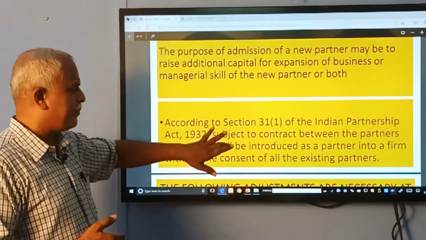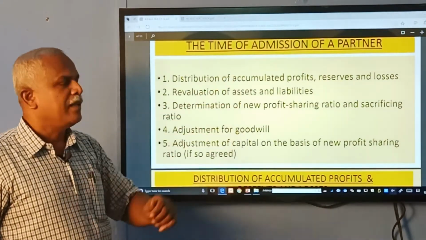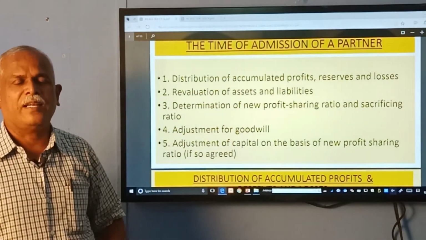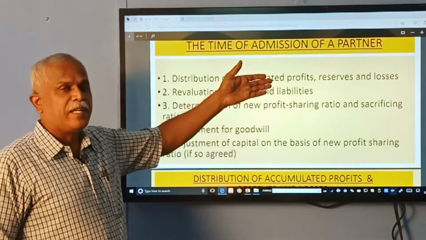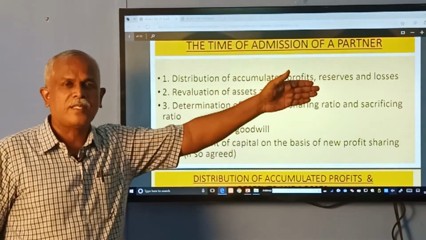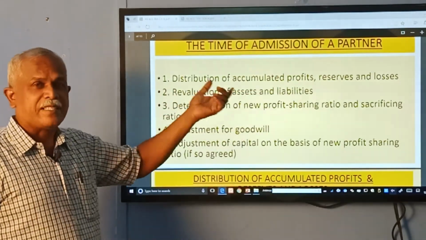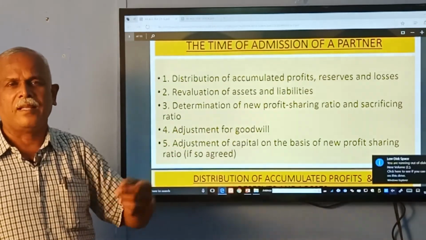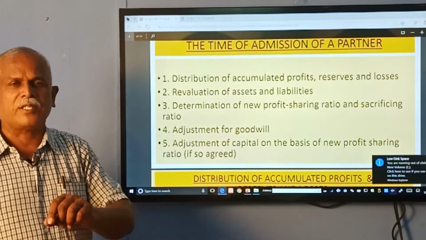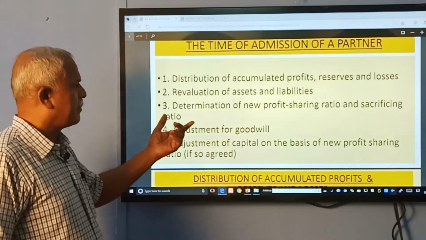That you must understand. What are the various accounting things we see while the partners are admitted? The distribution of accumulated profits, reserves and losses to the old partners. Assets and liabilities are revalued, the result of which may be a revaluation profit or revaluation loss. This also has to be transferred to old partners.